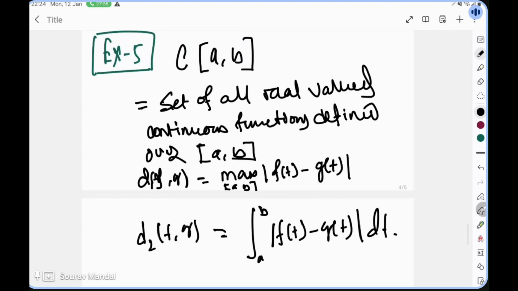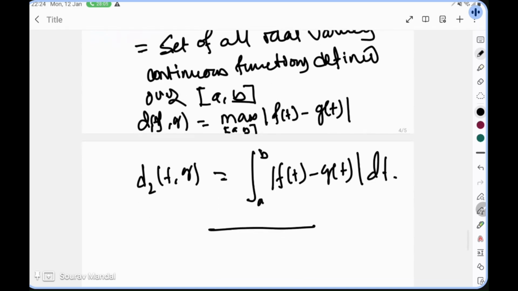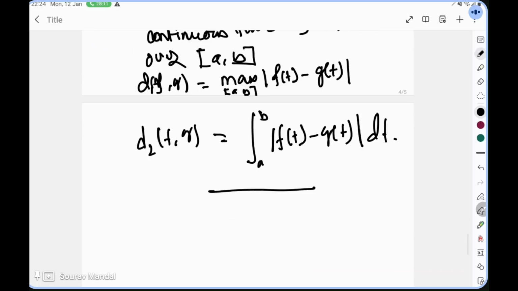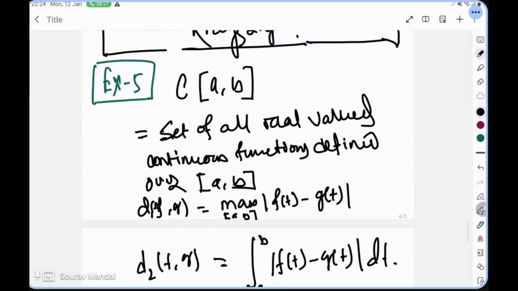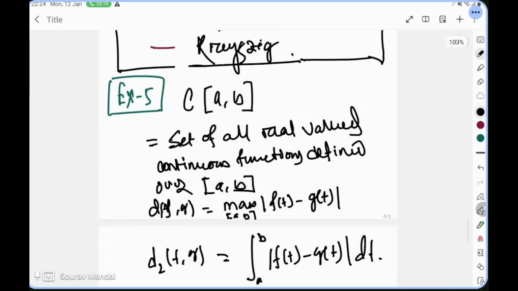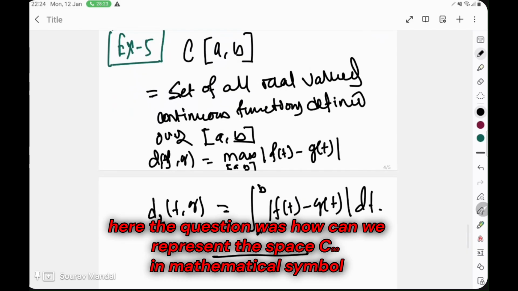And these two metric spaces are quite different. Not only that, the open balls. So what is an open ball and what is an open set? I will discuss it later. For today, C00.